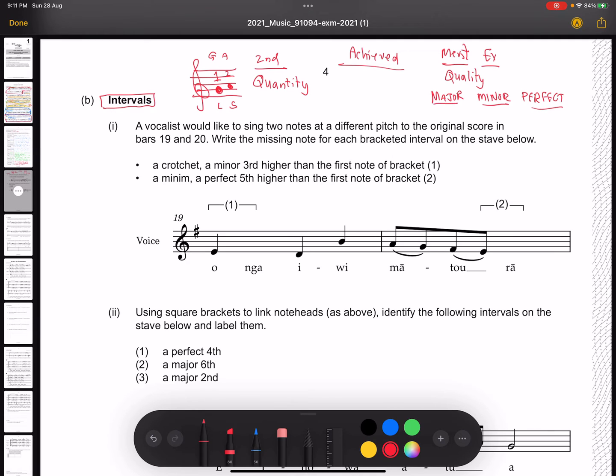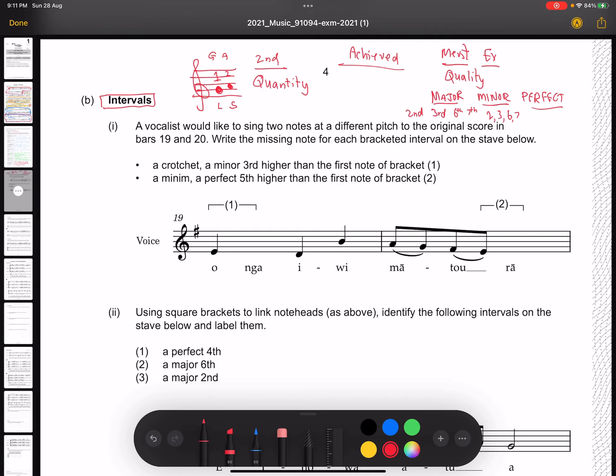intervals. So, for example, major, we've got major second, major third, major sixth, major seventh. Minor: second, third, sixth, seventh.